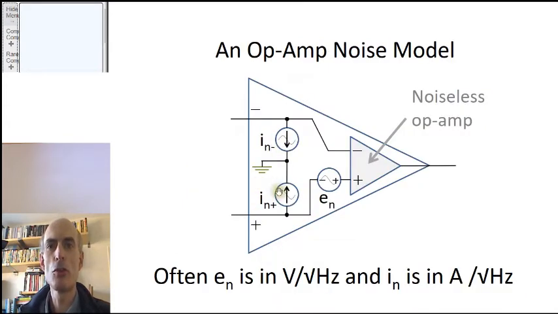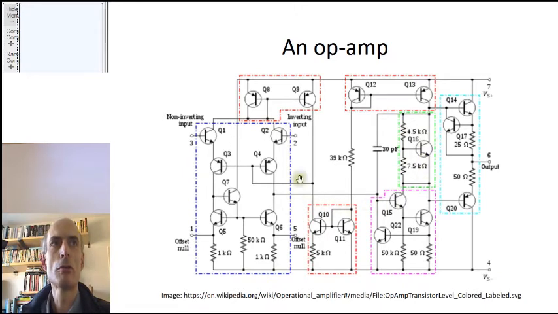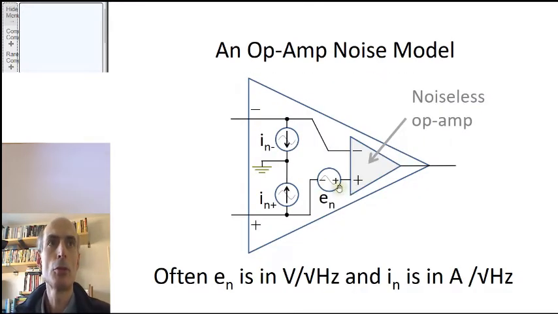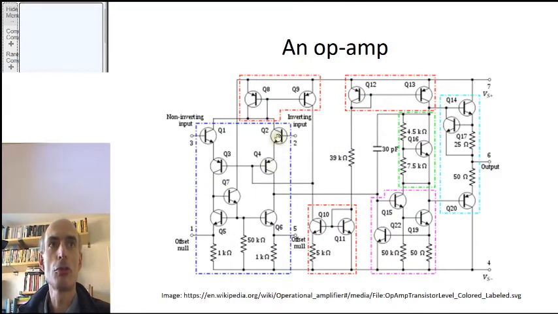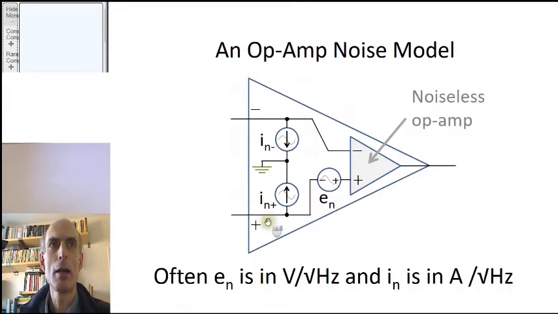Those three noise sources together represent all of the noise from all of the noise sources in the op-amp. But a lot of the shot noise contributions from these transistors actually correspond to an element in the noise voltage there, the equivalent input noise voltage.